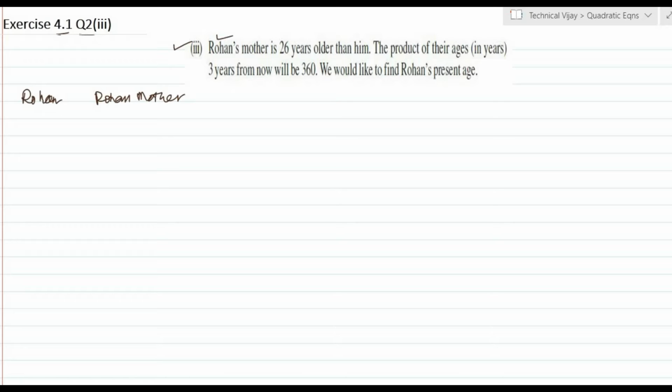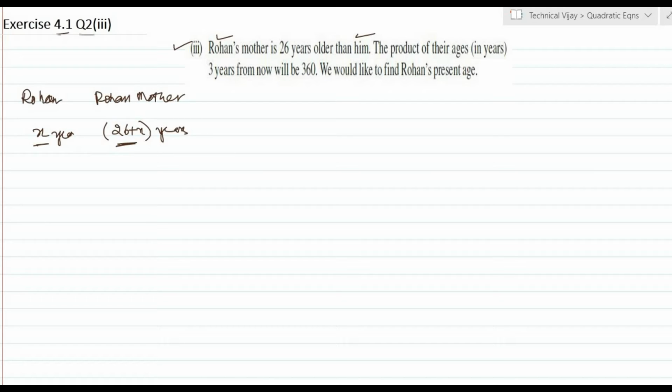Suppose Rohan is x years; as per this statement, Rohan's mother will be 26 plus x years. This is x years and this is 26 plus x years.